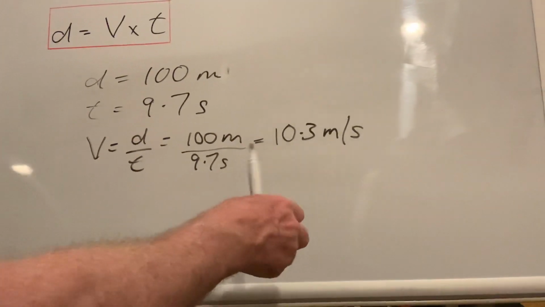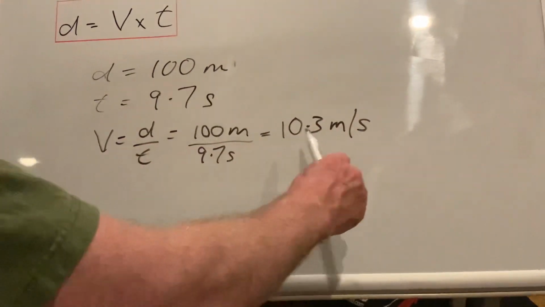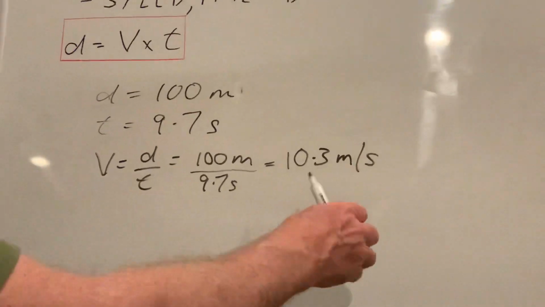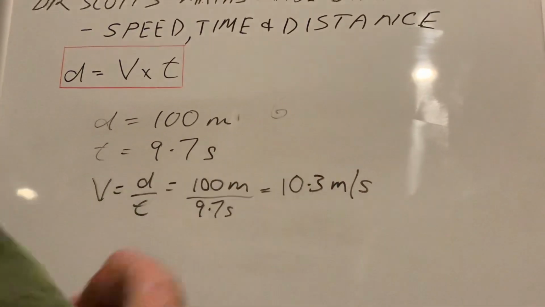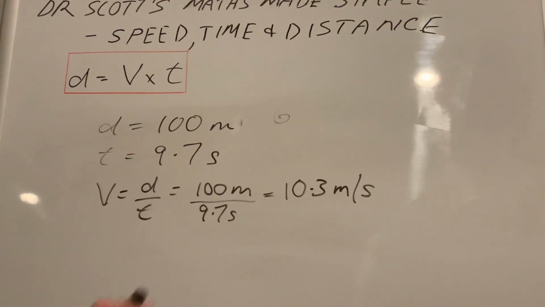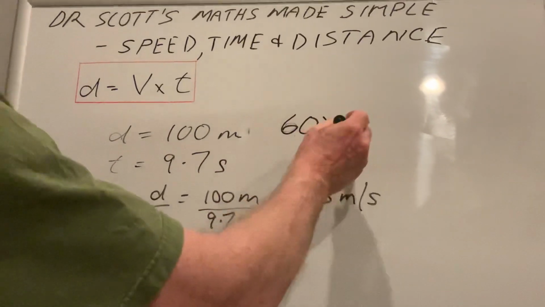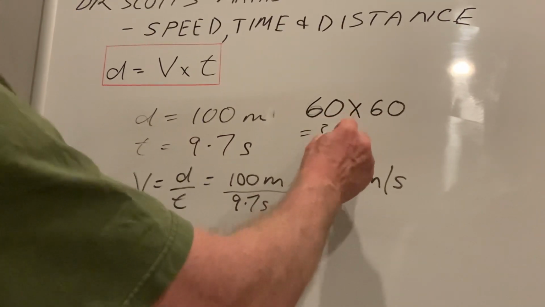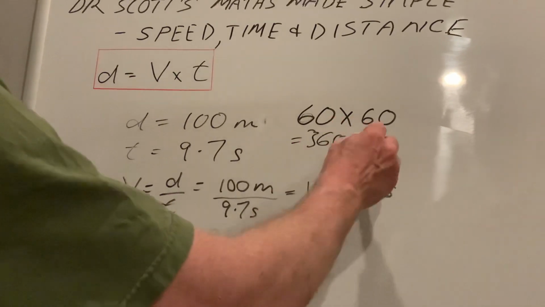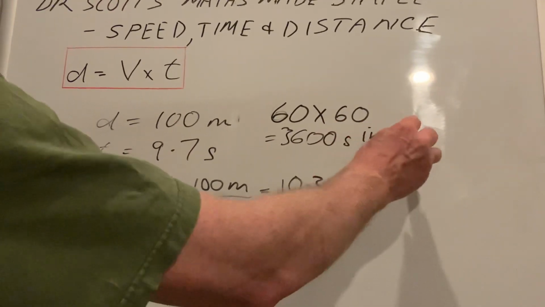Well, let's do it in metres per hour for a start. So the number of seconds in an hour is 60 times 60. Would you agree? 60 seconds in a minute times 60 minutes in an hour, which equals 3,600 seconds in an hour.